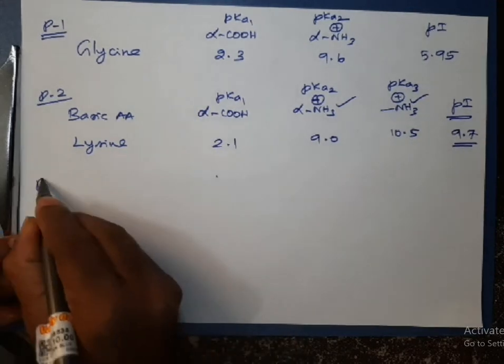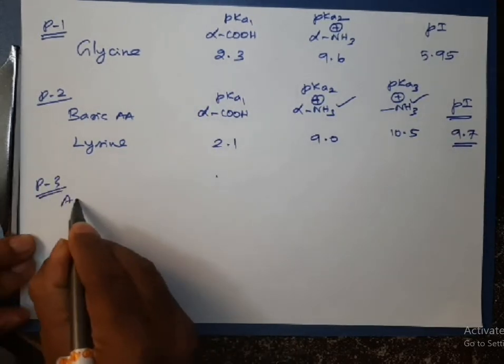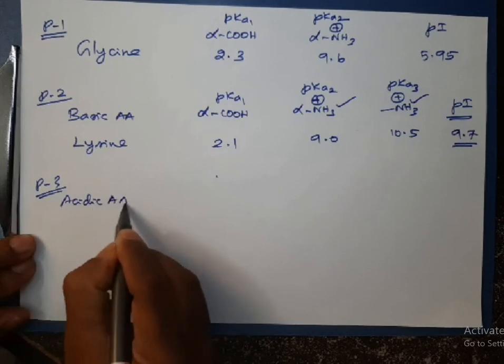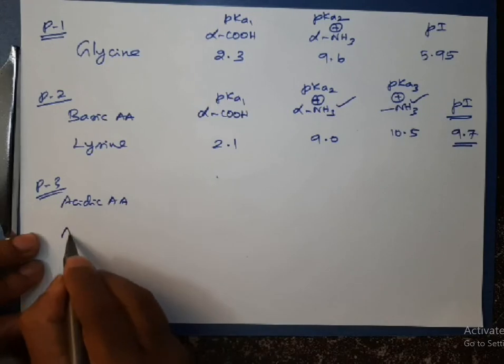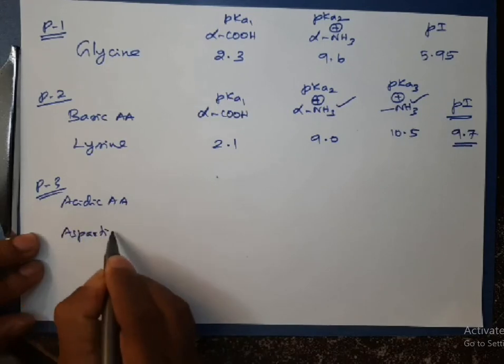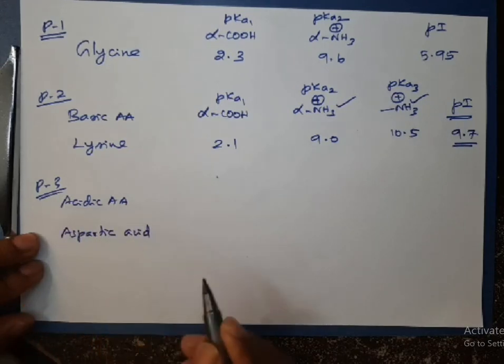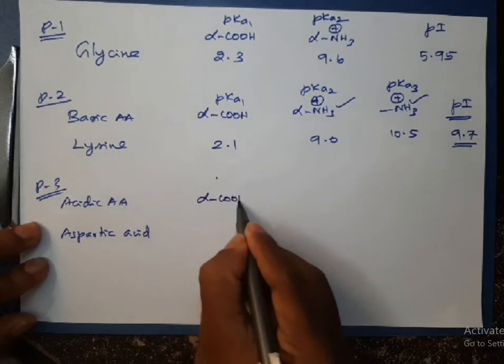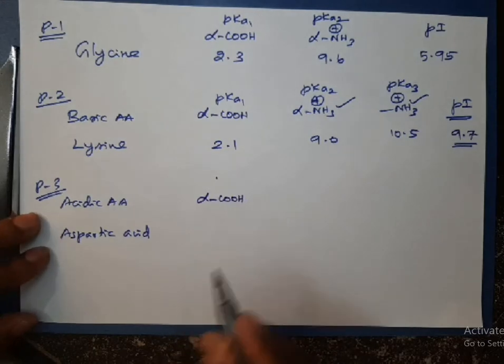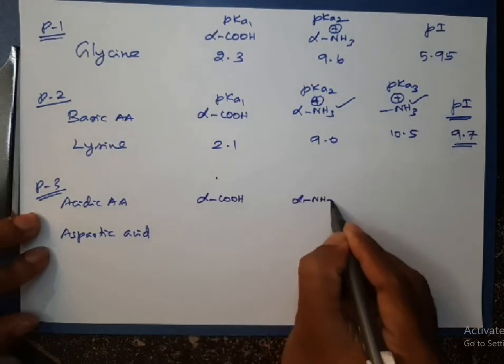Similarly, if I take an acidic amino acid, say for example aspartic acid, we have the alpha COOH group and the alpha NH3 plus group.